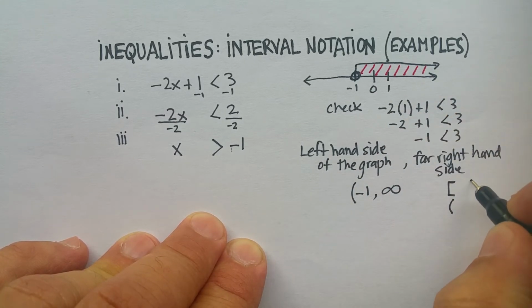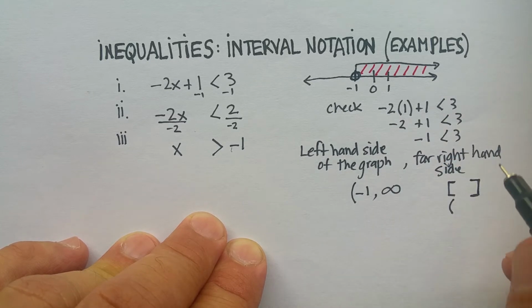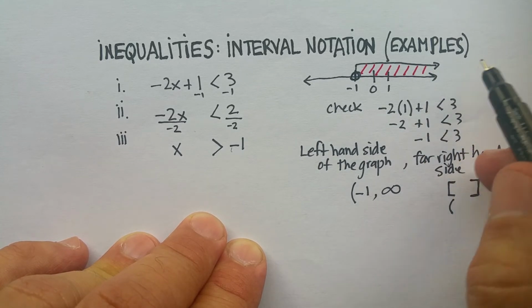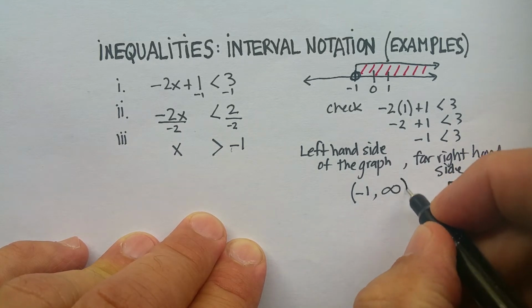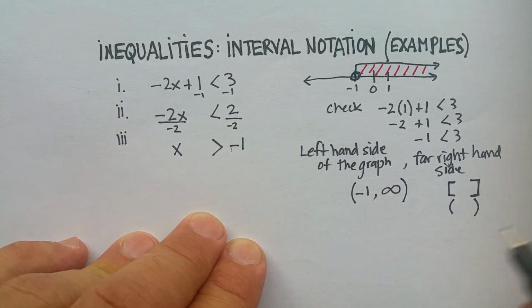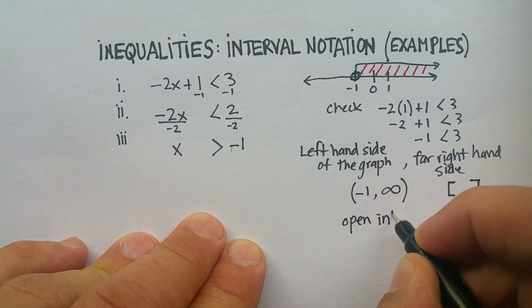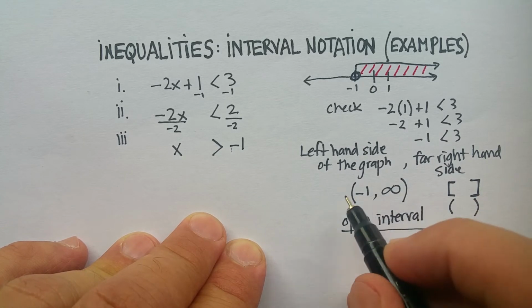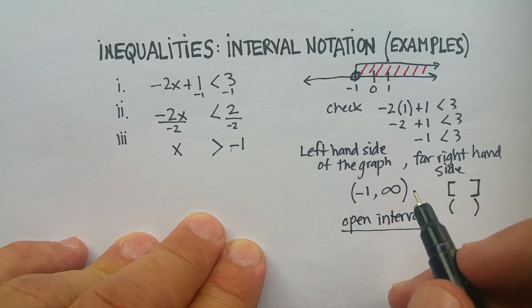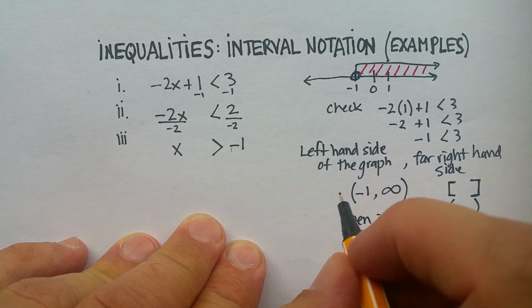If it stopped at a particular number and included that number, I would use a bracket. If it goes on to infinity or doesn't include any specific number, I use a parenthesis. So I'm going to close it like that. This is called an open interval, because both sides are open. All right, and that would be the interval notation for this particular problem. Okay?